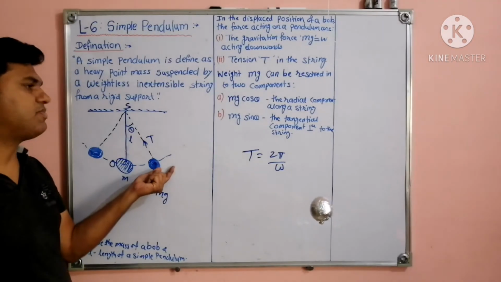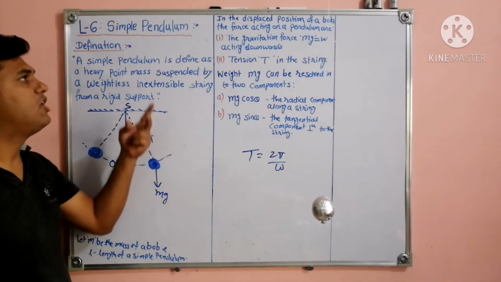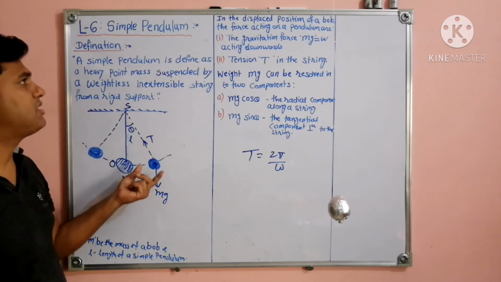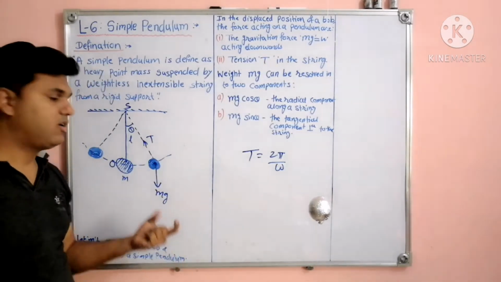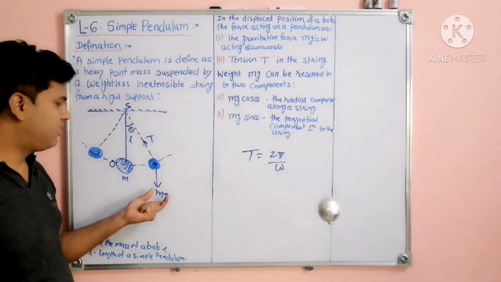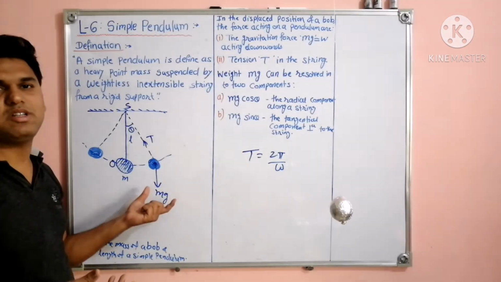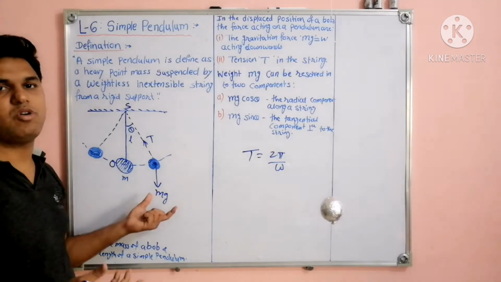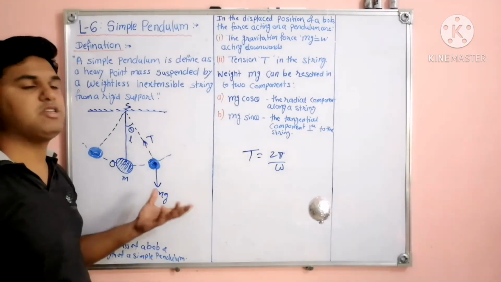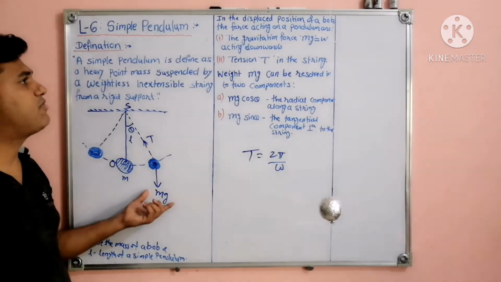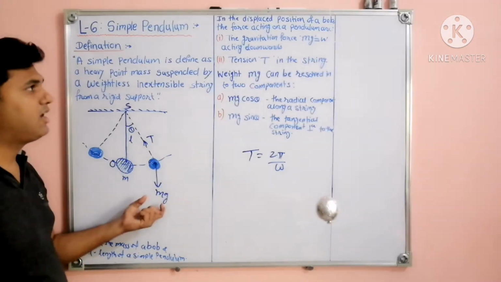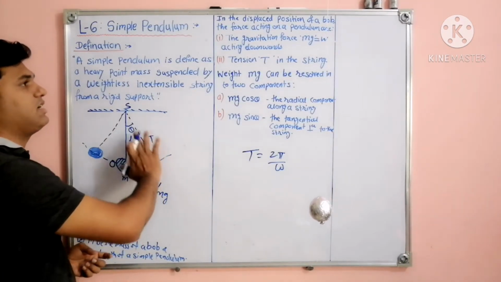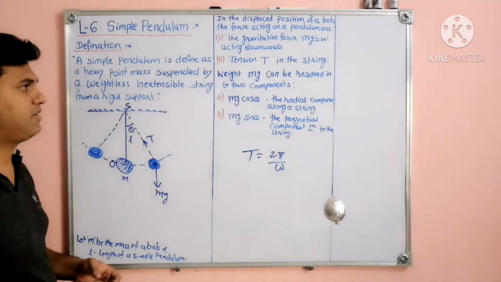So this is the displaced position. At the displaced position, two forces act on this pendulum. One is the gravitational force, which pulls the bob downward; it is nothing but the weight of the bob, mg. The other is the tension T in the string.